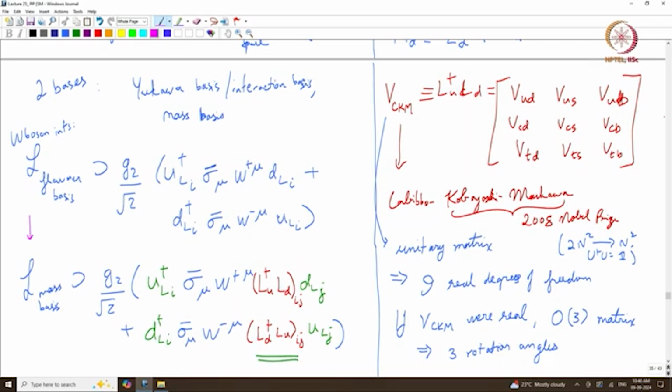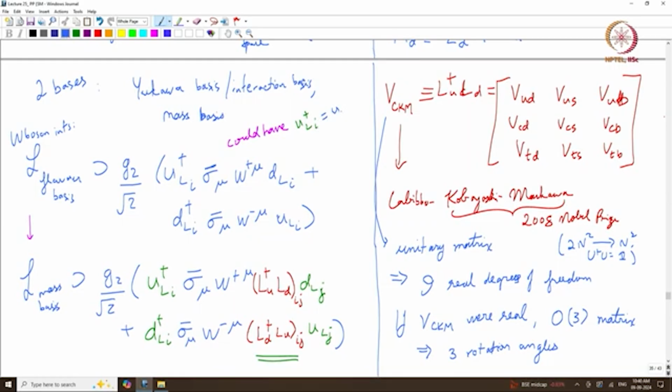There was another choice I could have made here, which is important. I could have just said that the mass basis UL dagger is the same as the flavor basis one.